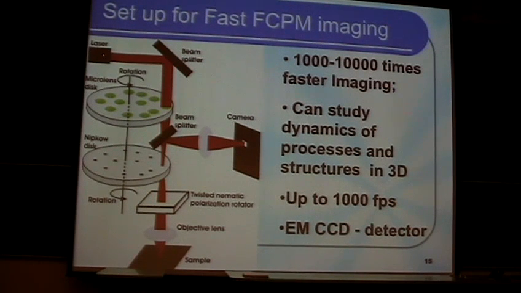So the idea of this imaging system is as follows. We again can use laser or other monochromatic source of light for excitation, and then the excitation light is going all the way through the disc with micro lenses and also the pinholes, all the way to the sample through, for example, a twisted nematic polarization rotator in the case if we need to control polarization of light, and then it's focused into the sample.